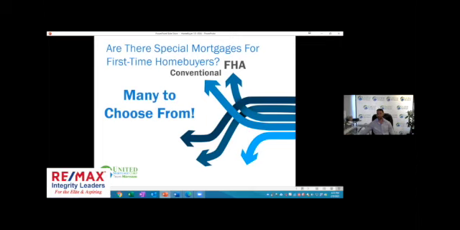With a conventional mortgage, you could do 3%, and the better credit score you have, the better deal you're going to get. So FHA is primarily made for people with moderate credit, or people with good credit that just don't have the income.